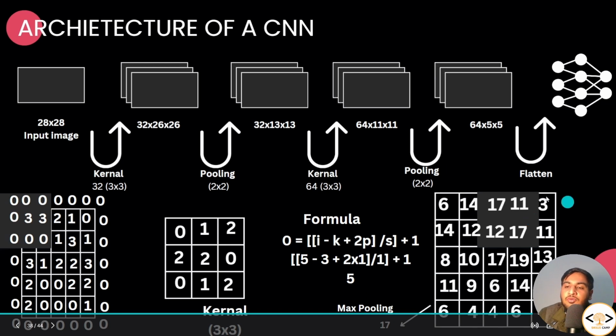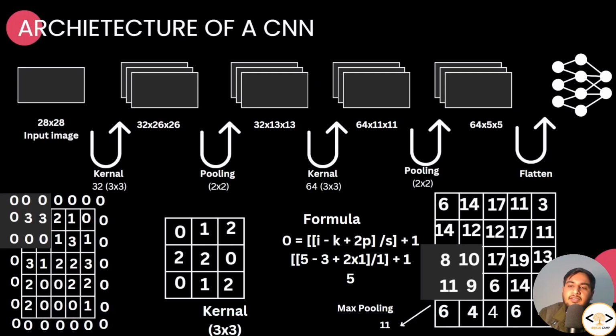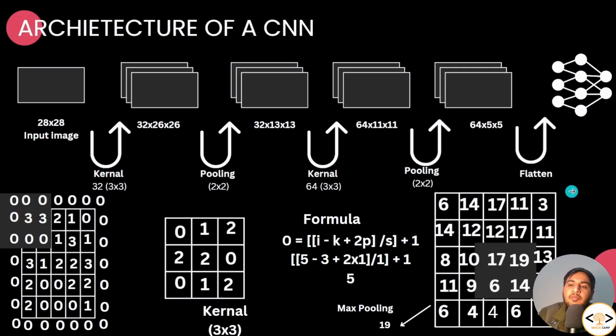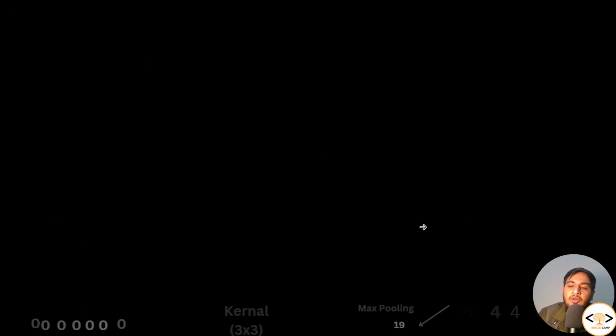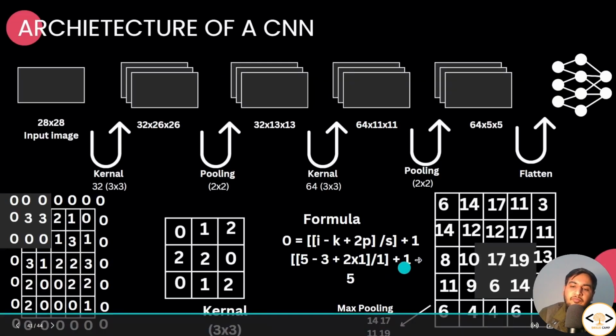Now as we don't have a 2 by 2 matrix over here, we would be moving down, and our max pooling value would be 11, and in the next one it would be 19, and the whole matrix would be 2 by 2, and it's drawn in front of you.